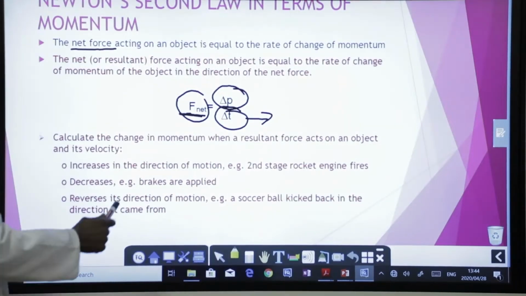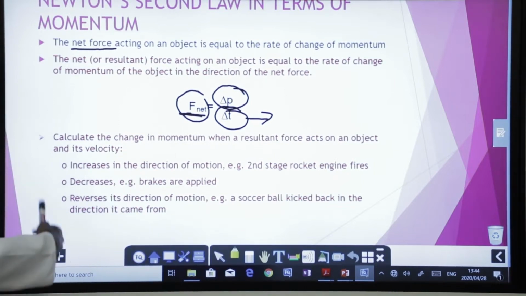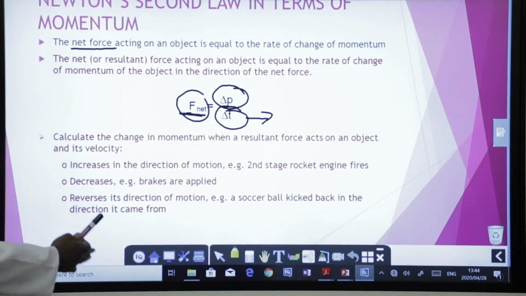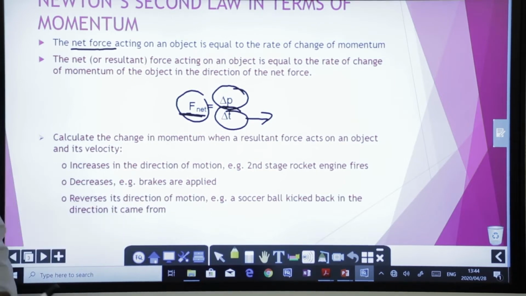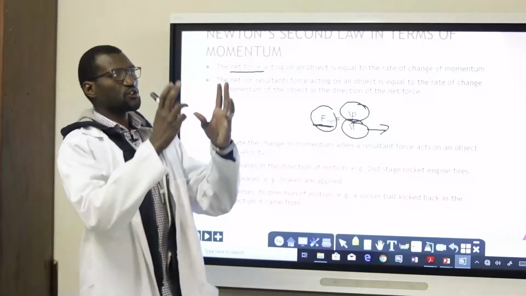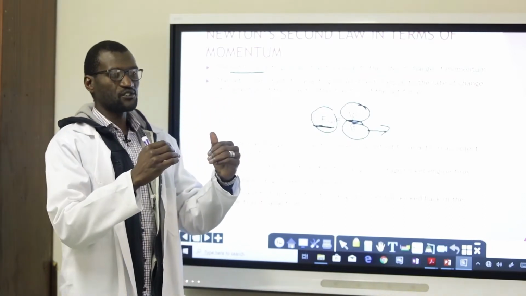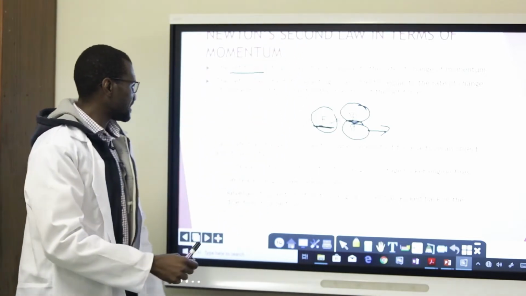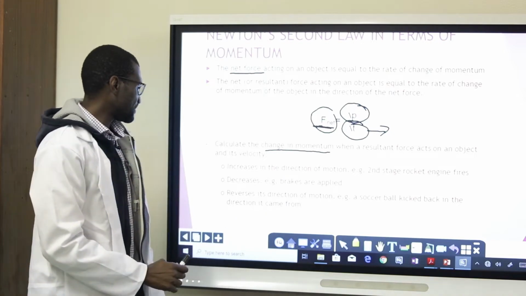Now, we need to calculate the change in momentum when a resultant force acts on an object and its velocity increases in the direction of motion, e.g. the second stage of a rocket. The rocket goes, and then at the second stage, it loses part of its mass, and it begins to increase in velocity. So there is a change in momentum.